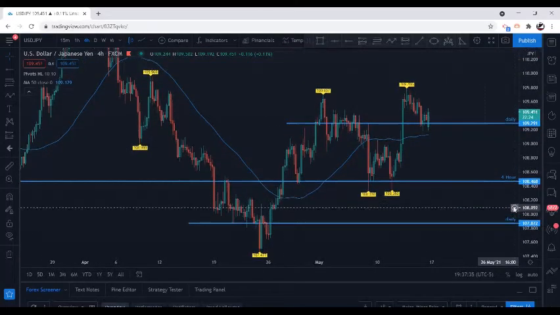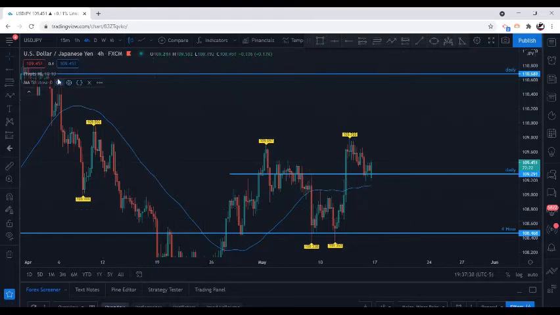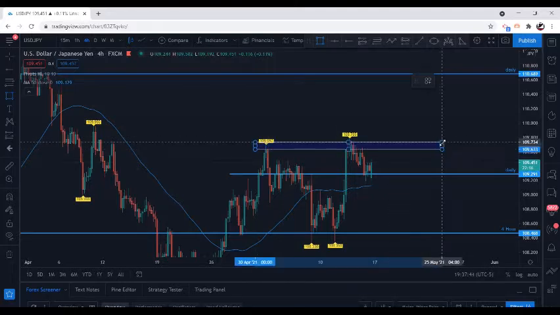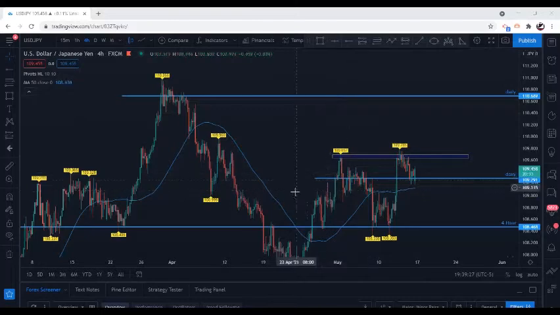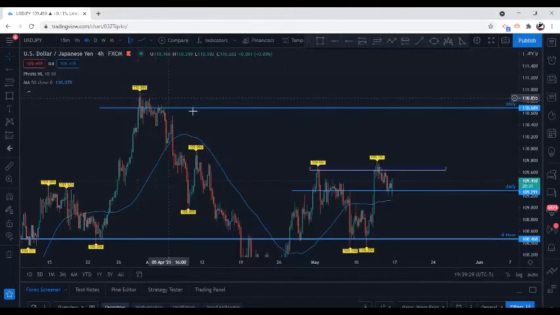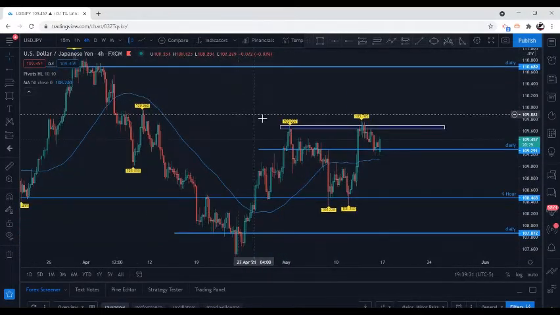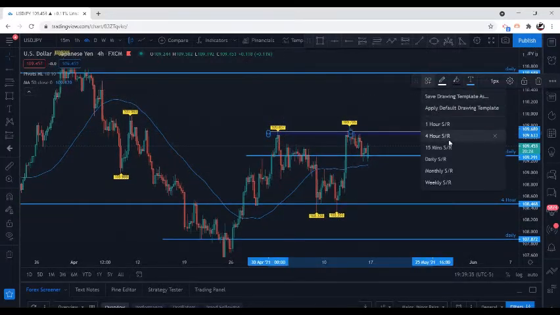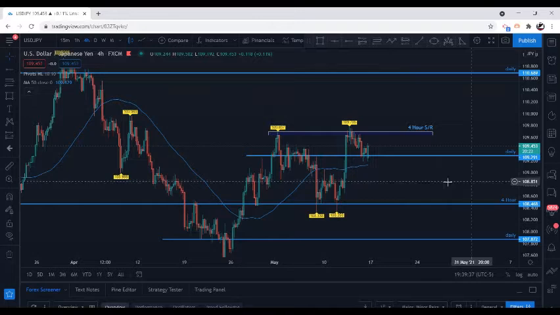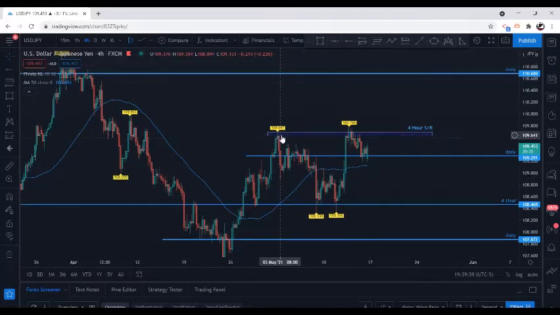However, we can see that price is not in a strong uptrend, because since making this high right here, we haven't broken above this level as yet. Right here we can also see that price has been rejecting this 4-hour level.